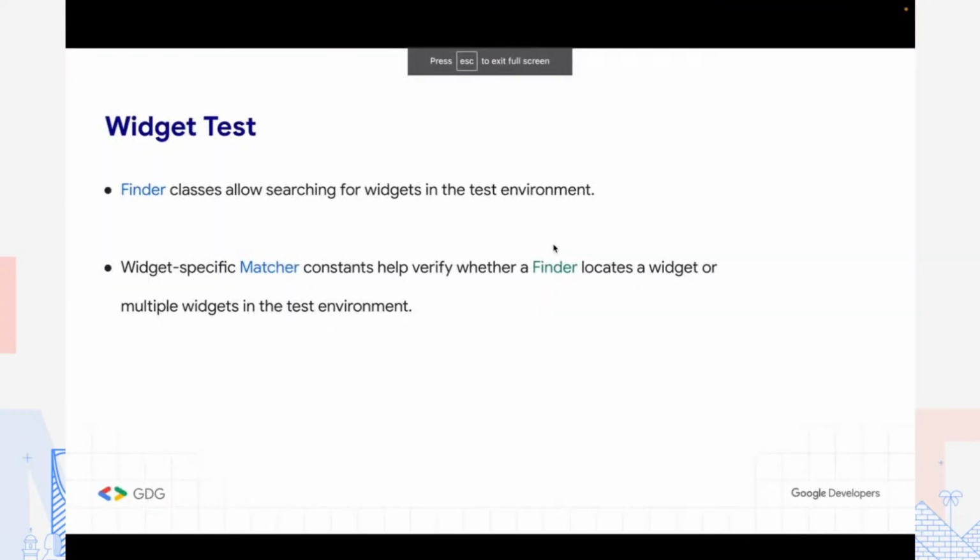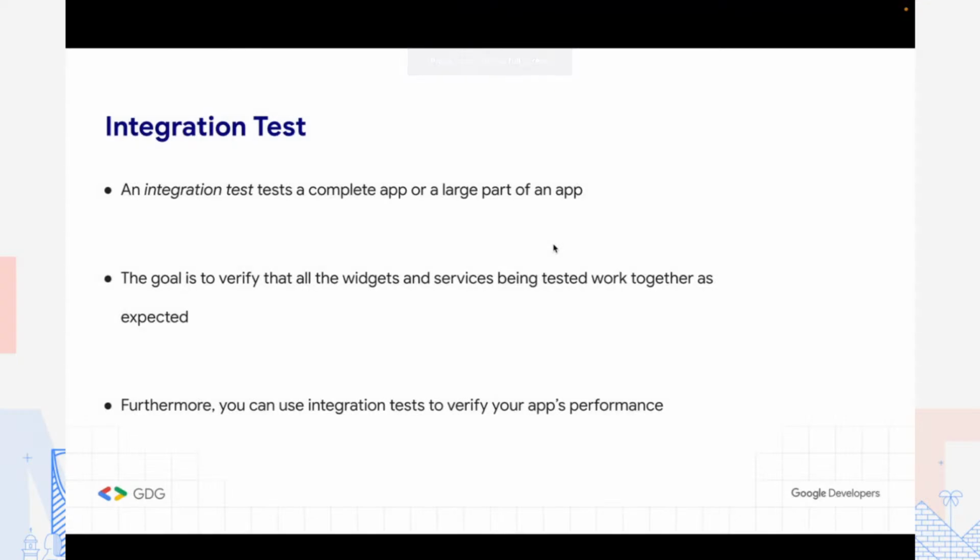We have a last type of testing called integration test. Now, integration test is a complex kind of testing compared to unit and widget testing, because in integration testing, we're testing the complete app or a large portion of the app, like multiple widgets.